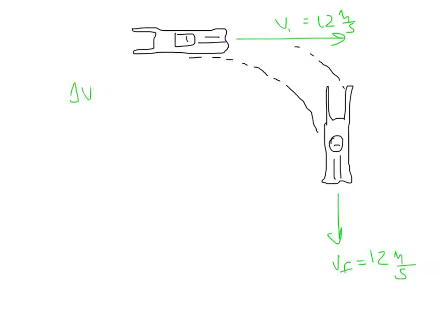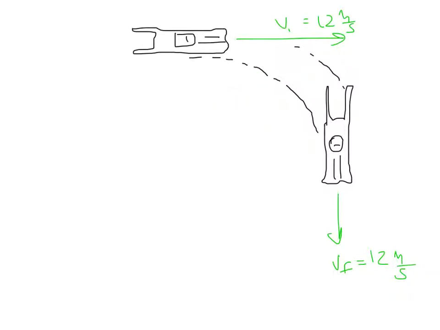Delta V, change in velocity, is negative 12 meters per second x hat and negative 12 meters per second y hat. I just wrote right in the middle of it, sorry about that, so I'm going to rewrite this because I'm going to want to be drawing here in just a second.